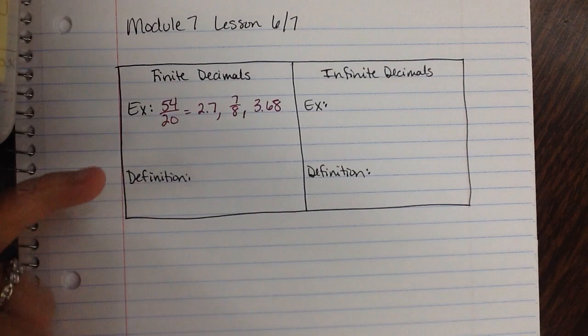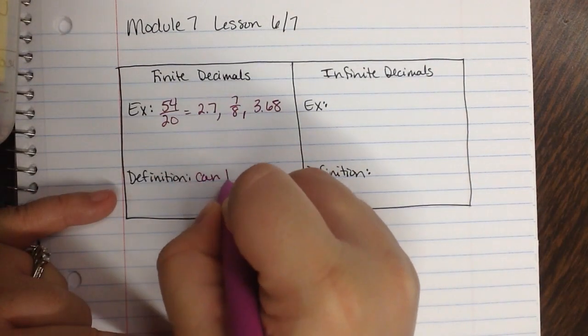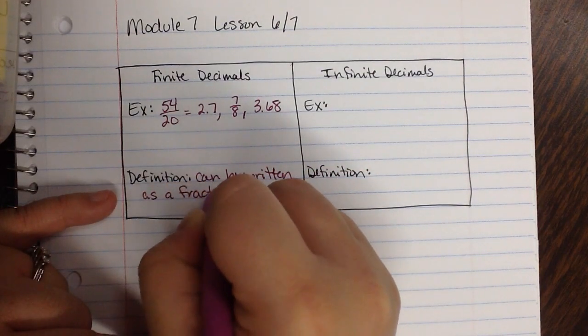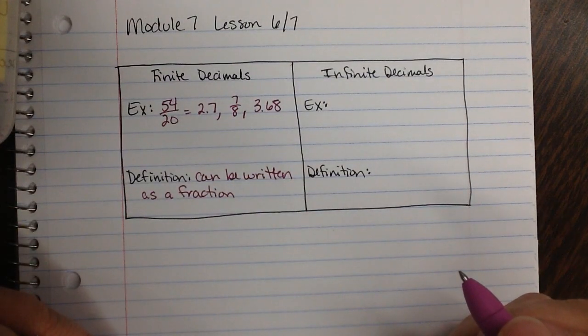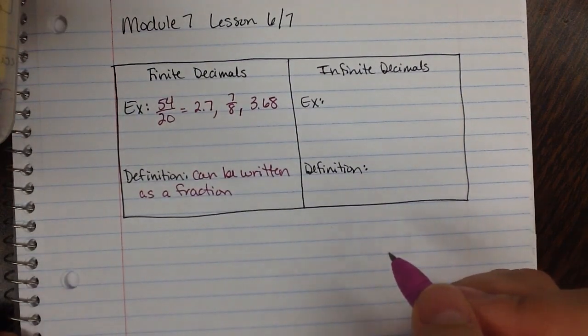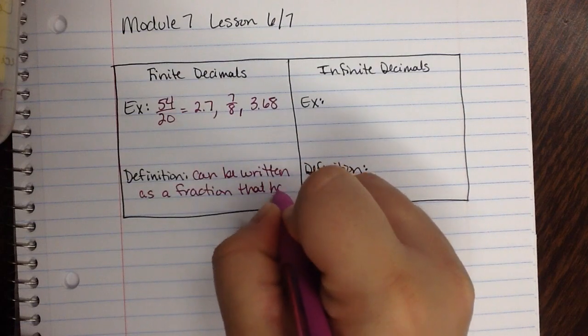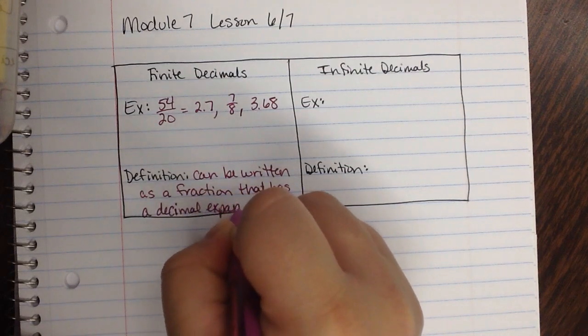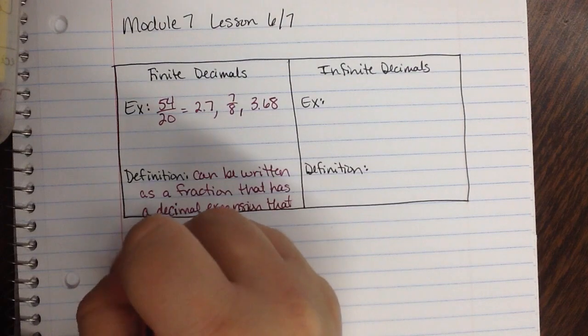Every finite decimal can be written as a fraction that has a decimal expansion that ends.